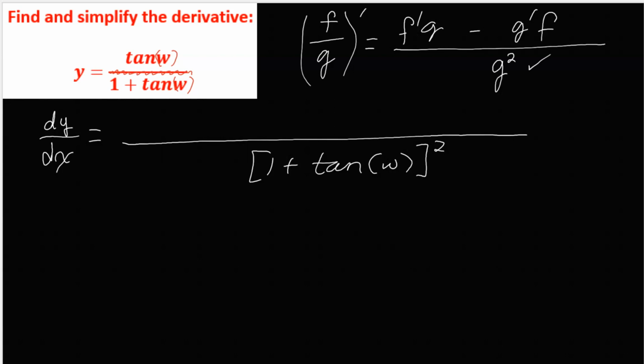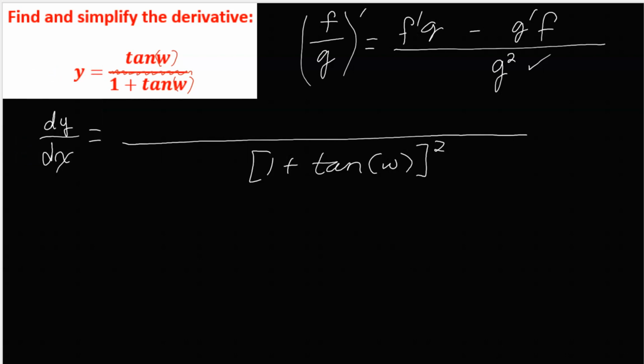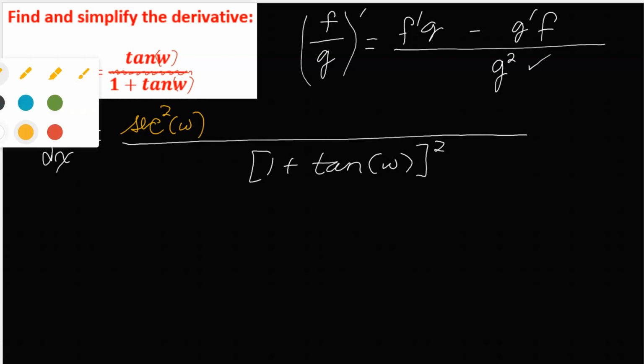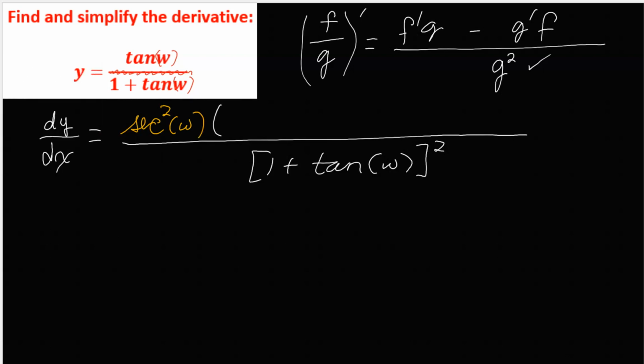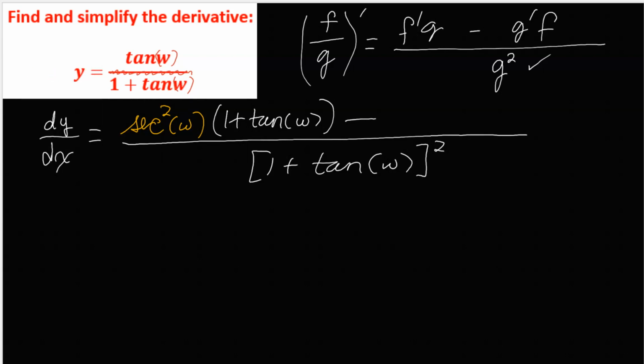Okay, now the numerator would be the derivative of tangent. The derivative of tangent x is secant squared. So you will have secant squared of w multiplied by the denominator, which would be 1 plus tangent of w, minus the derivative of the denominator, in which case it really is just tangent of w again, because the derivative of 1 is 0.